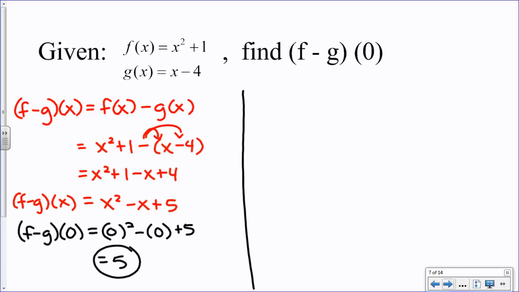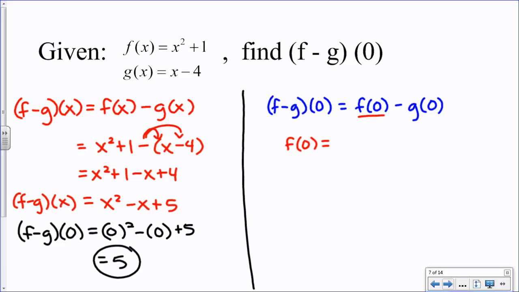Or I can do f of 0 and then g of 0 and subtract those two numbers. So f of 0 means I'm just plugging in 0 to my f of x function. So 0 squared plus 1 is 1.